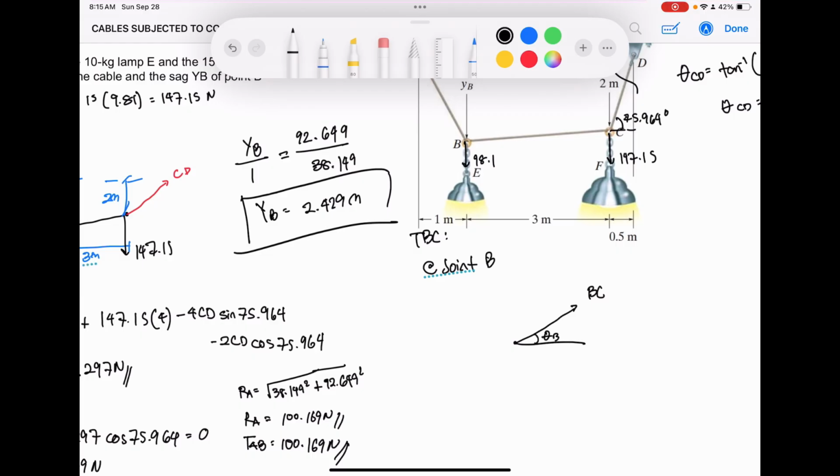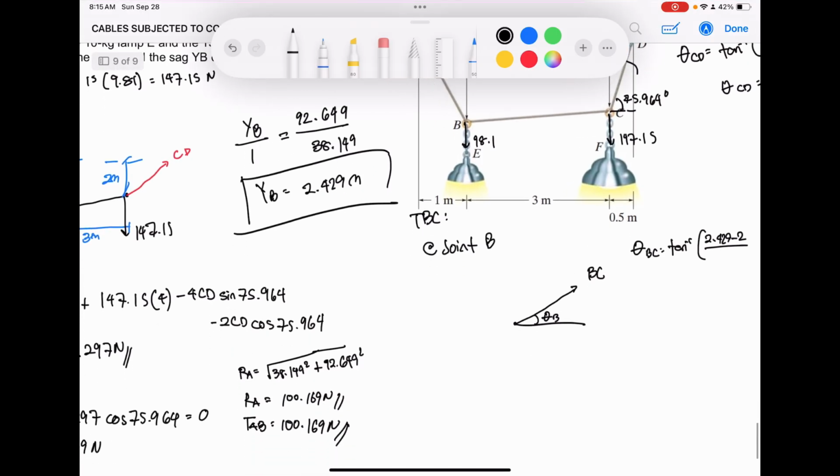Angle BC is equal to tan -1 YB 2.429 minus 2 all over adjacent 3. Theta BC is equal to 8.138 degrees.